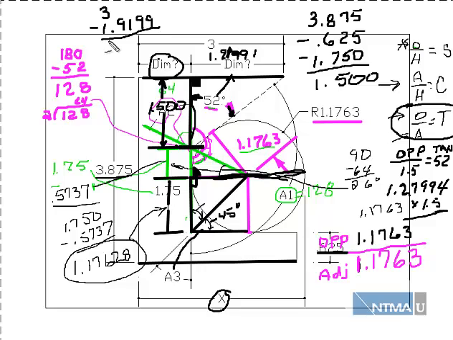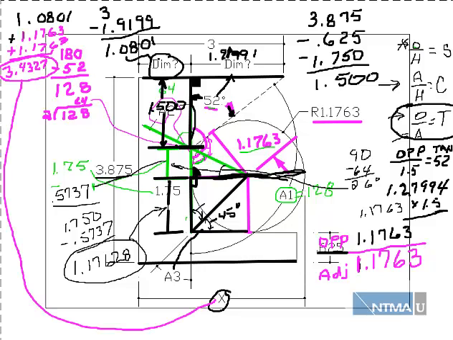That equals, let's see, 1 inch, 0.80 and 1/10, plus 1.1763, that's this radius from here to here, plus 1.1763, that's the radius from here to here, same radius, same deal. You're adding them together, you know what this distance is here. You're going to add this one, and this one, and you're going to come up with 3 inches, 432 7/10.